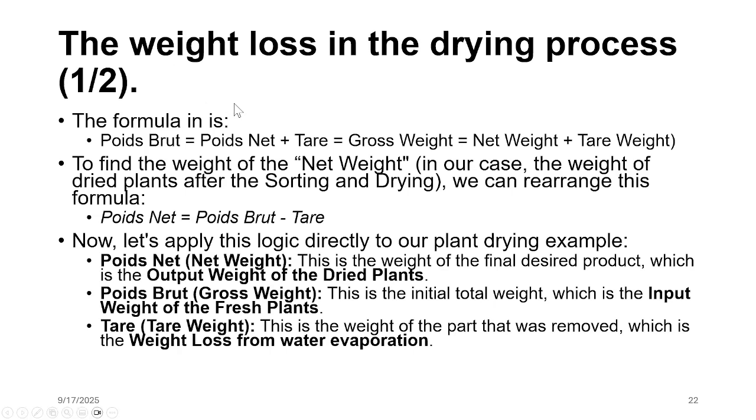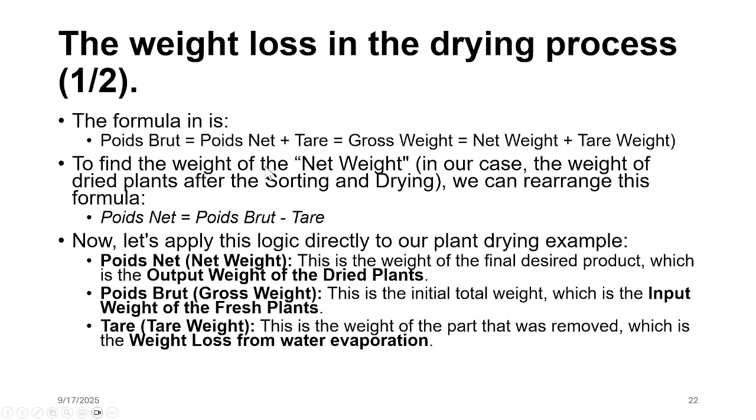So now, how do we calculate the waste loss? The formula is that the gross weight should be equal to the net weight plus the tare weight, right? The tare weight here means the amount of weight that has been lost by the evaporation of the water.